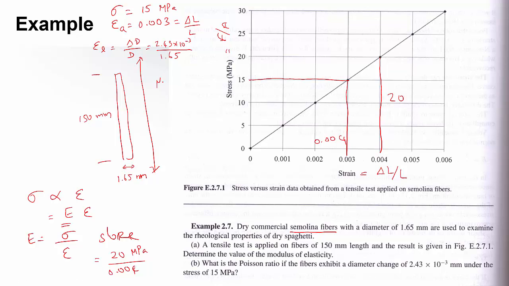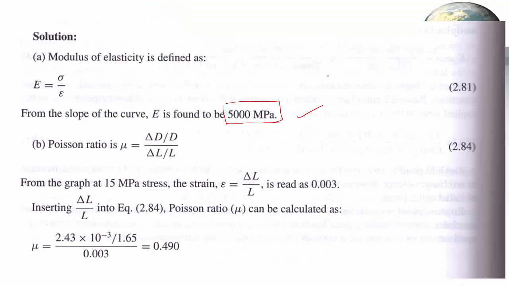Then the Poisson's ratio is lateral strain by axial strain. So again, that's the 0.003. Mu is equal to delta D by D divided by the axial strain, which is 0.49. This is close to the value of 0.5, meaning that porosity is almost close to 0.